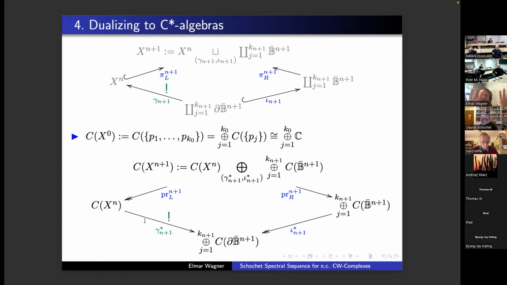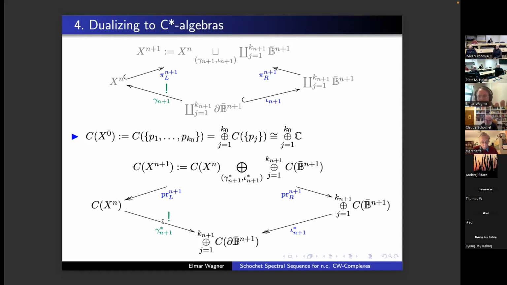That's why I made it green. I put an exclamation mark just to say what's happening on the right side. That's pretty standard. Anything non-trivial is in this gluing map.